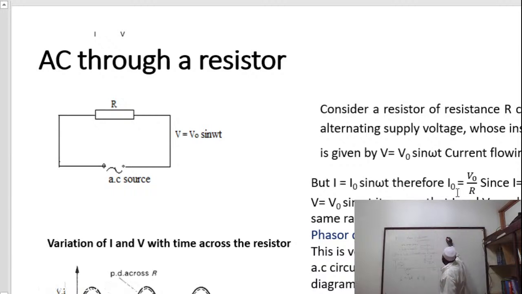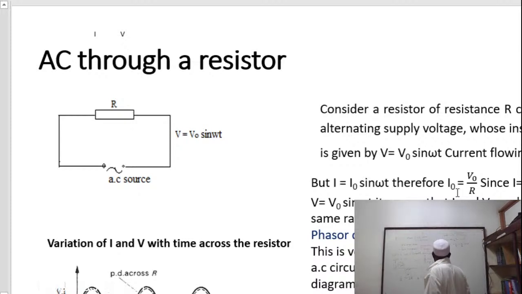Given that this is a circuit containing a resistor R in an alternating circuit, voltage V equal to V naught sine ωt, providing the current I. So the instantaneous voltage is that, and current I is going to be V over R, which is now going to be V naught over R sine ωt.